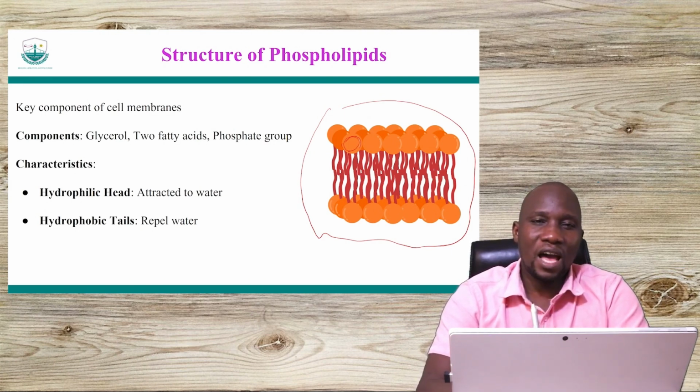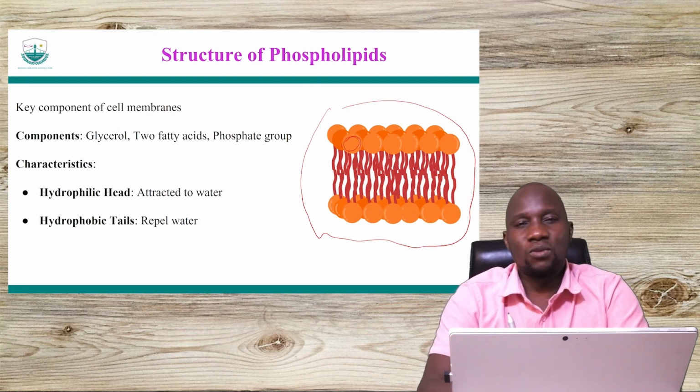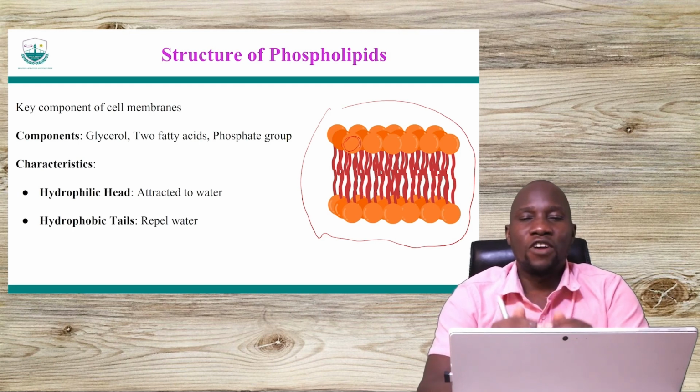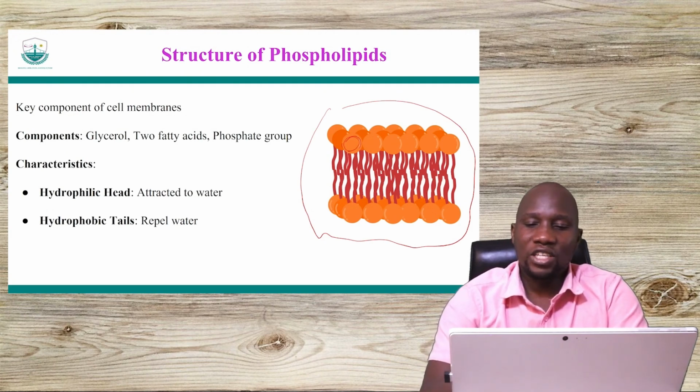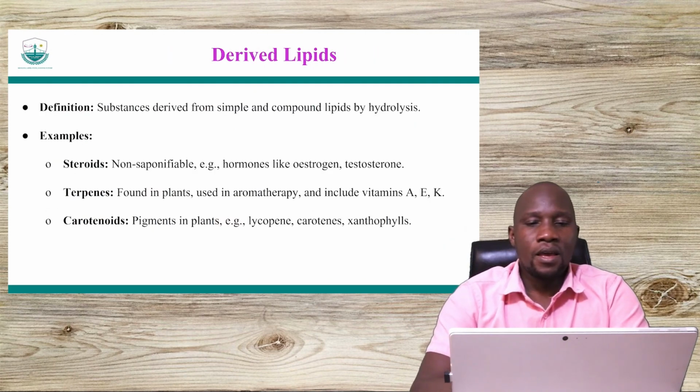And then the tails are water-hating, and we say they are hydrophobic, and they avoid the water. Okay, so usually the heads are facing the aqueous environment, and then the tails are avoiding the aqueous environment. And that's what we have here. These are the hydrophobic tails there.